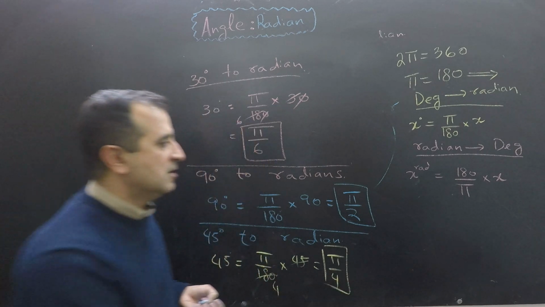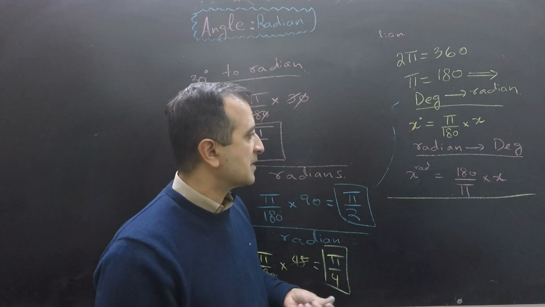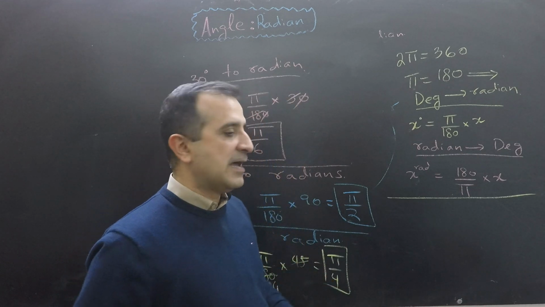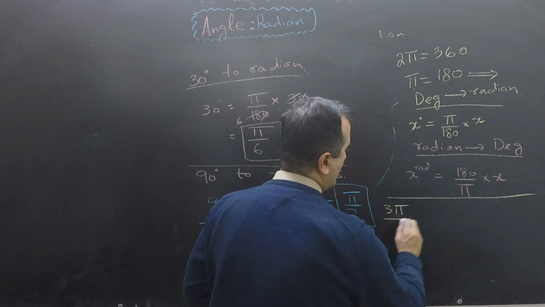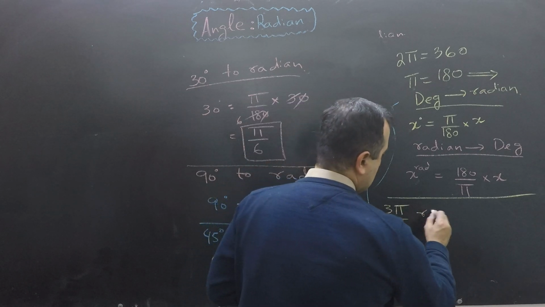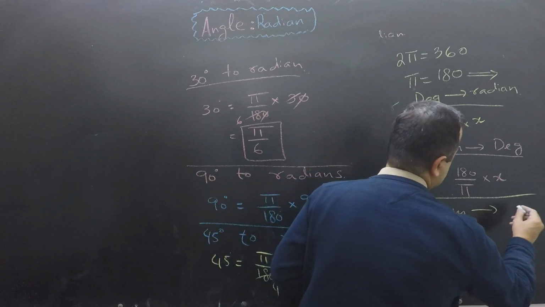Right? So now let's do some other examples to make our concepts crystal clear. In this example, we have 3 pi by 4 radians, and we have to convert it into degrees.